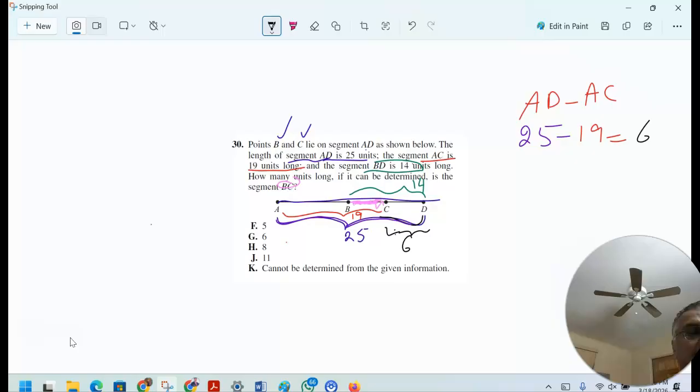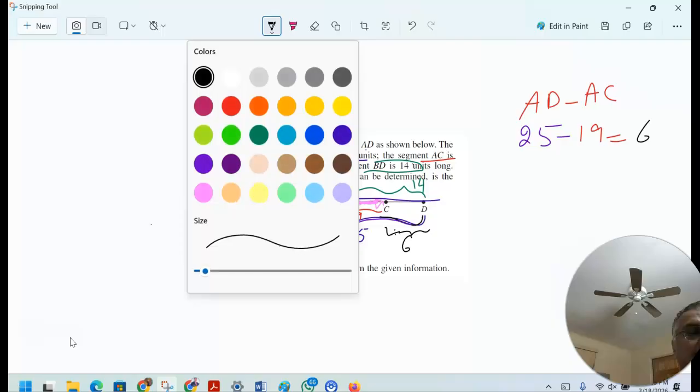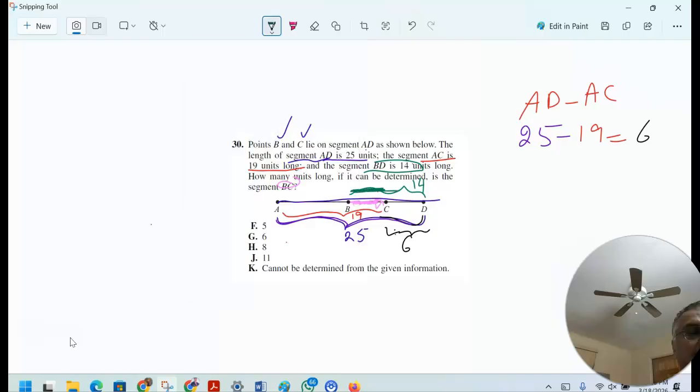Okay, so once you have this as 6, now look at the green color. This green color is BD.